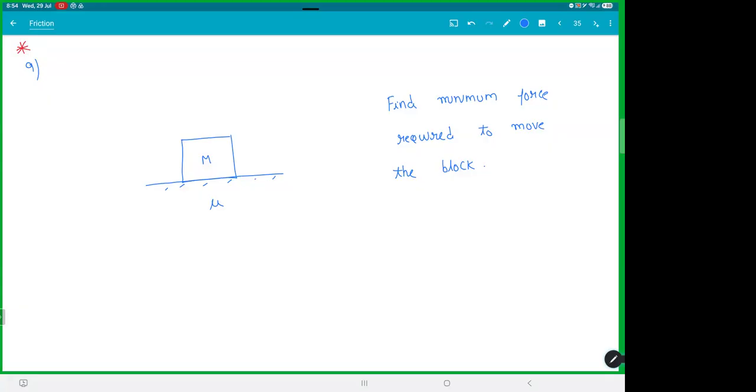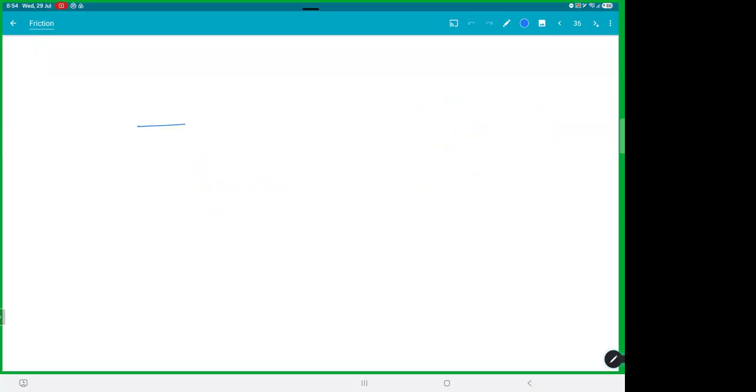Yeah, right, Yukti. Now, the first common mistake: when they say minimum force, no one told you force is horizontal.